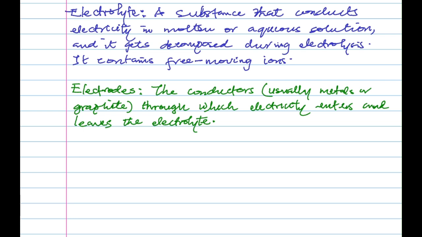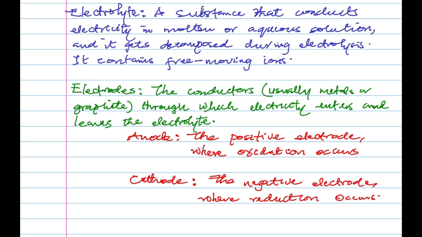So we have two more terms to look at. Electrodes can be divided into two types: anode and cathode. Anodes are positive electrodes, and cathodes are negative electrodes. At the anode, oxidation occurs.